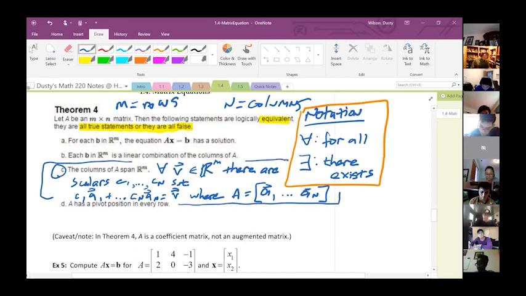So the A1 to An are the columns of matrix A. And so we're saying that for every vector in Rm, we can make it from a linear combination of the columns of A. So that's what that C part is telling us.